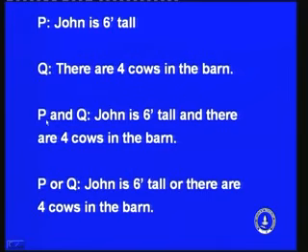Then the compound statement P and Q is: John is 6 feet tall and there are 4 cows in the barn. When is this true? P and Q will be true when both P is true and Q is true.